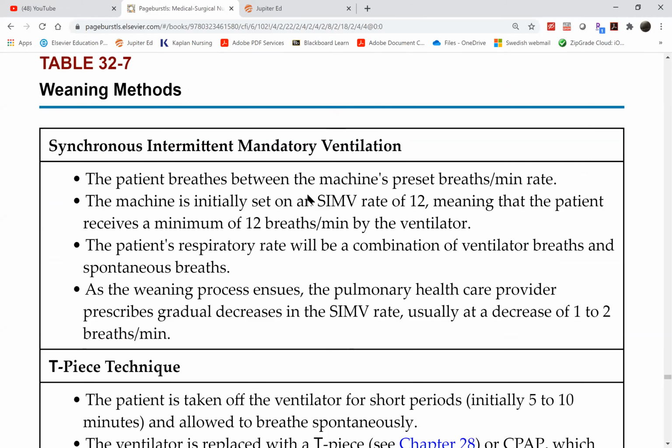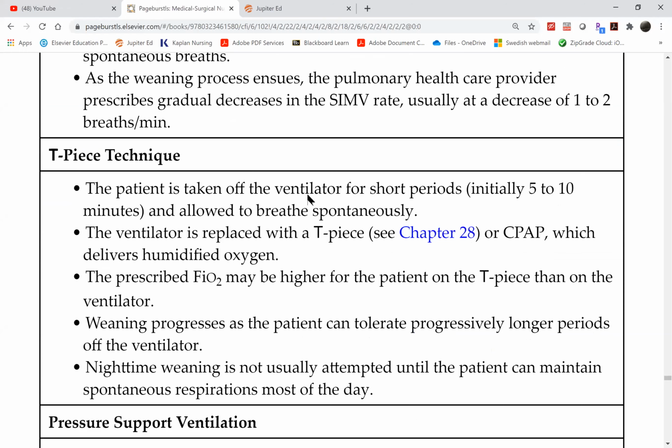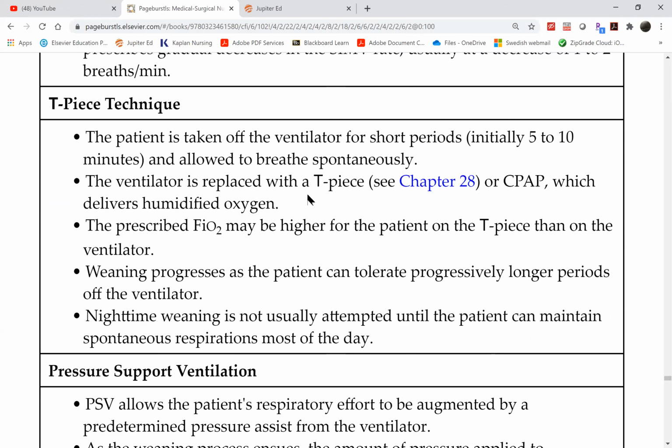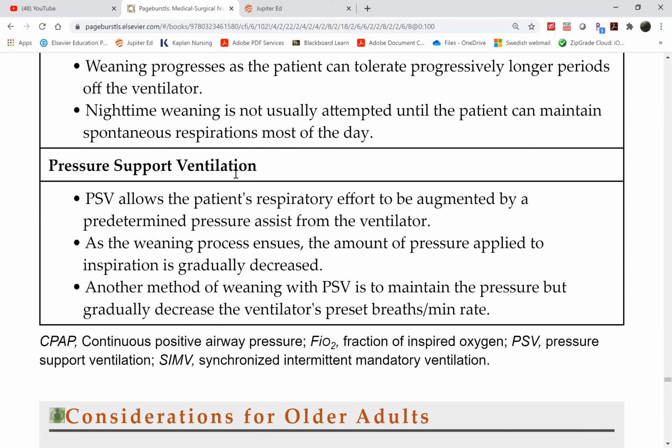You can also use it together with a volume mode though, meaning if a patient is on assist control or on SIMV, for instance, you can add pressure support ventilation. So here, PSV allows the patient's respiratory effort to be augmented by a predetermined pressure from the ventilator.